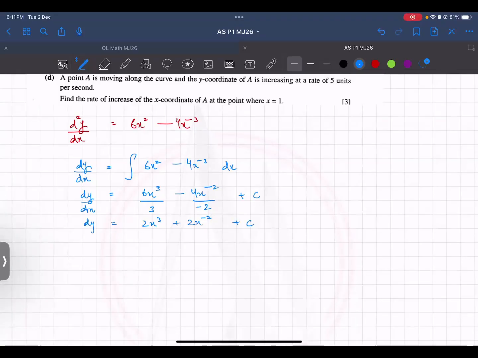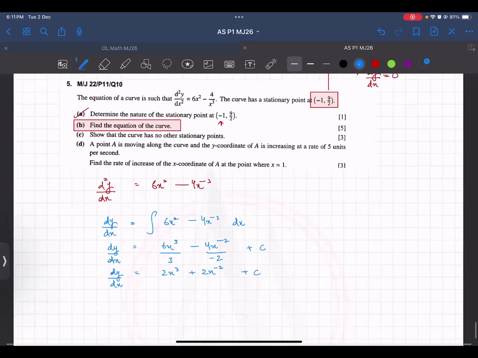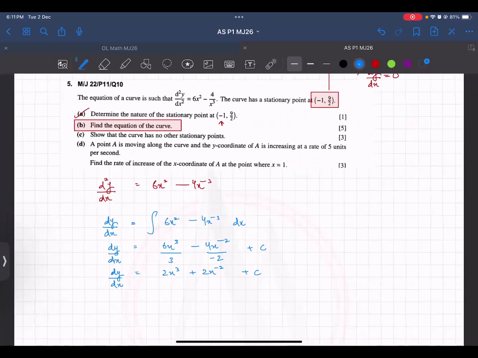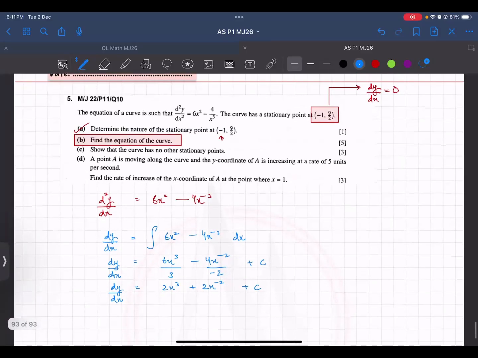How will you get the value of c, before we try to integrate again? You will have to find the c. Anyone? How will you get the c?